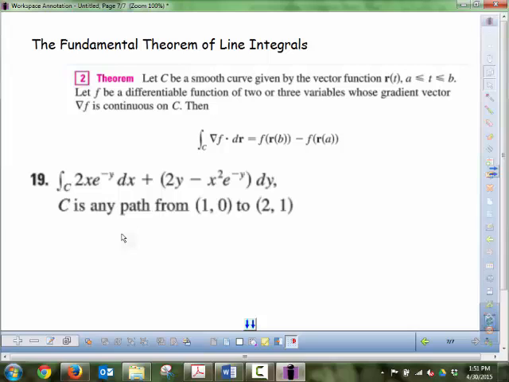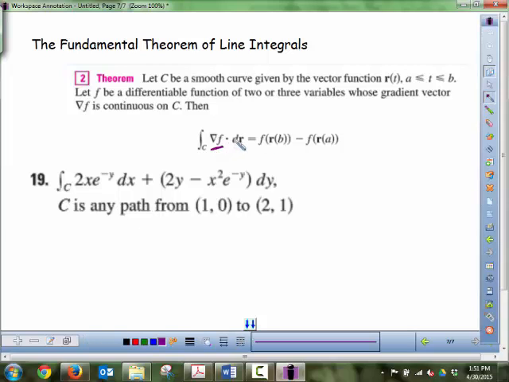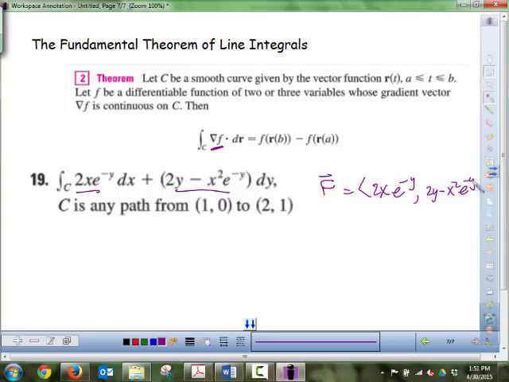We have to take a look at our vector field. This vector field must be a gradient of some function. If we extract the vector field out of this problem, we get 2x e to the negative y, 2y minus x squared e to the negative y.